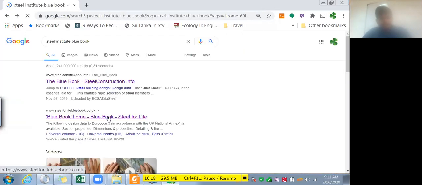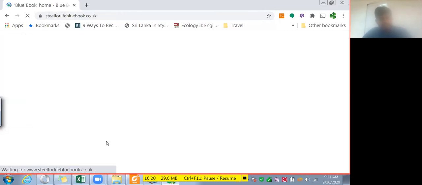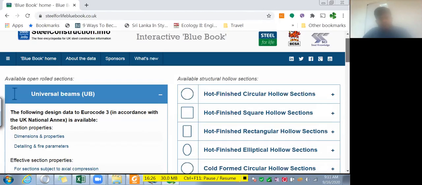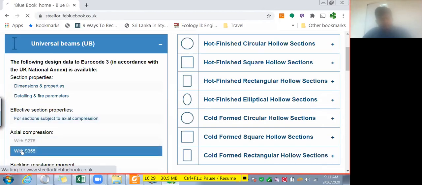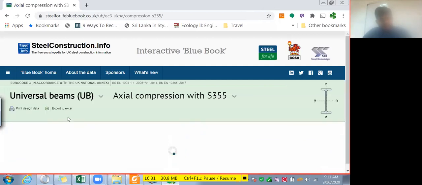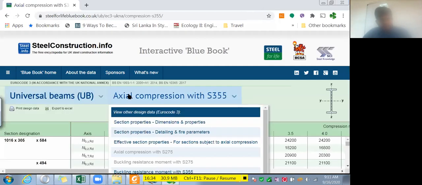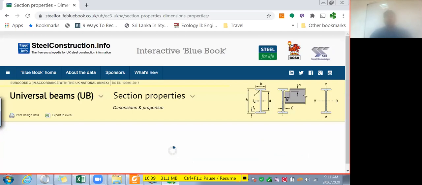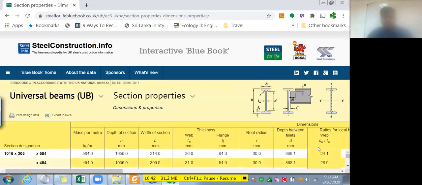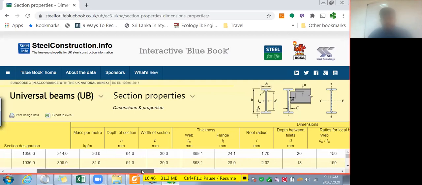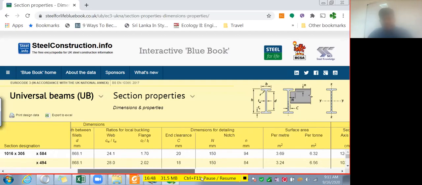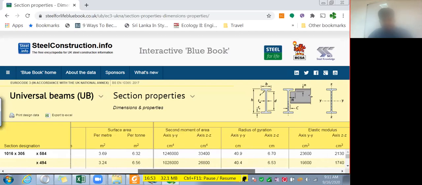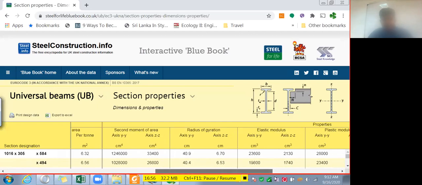We can find this in the section properties tables. So we need to pick a WPL value greater than 720. That is plastic section modulus.